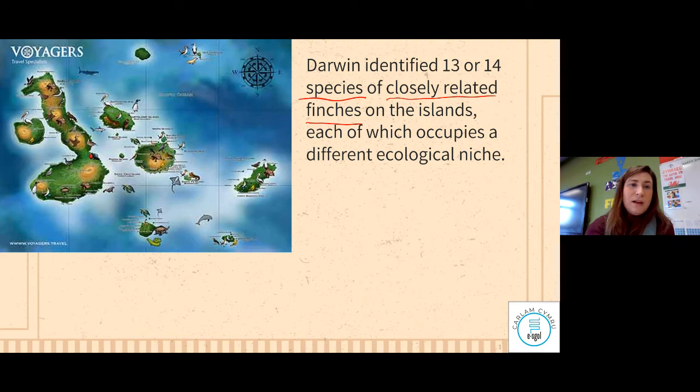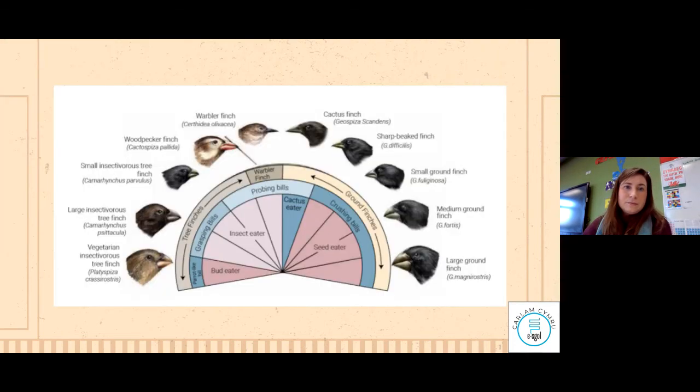You can see some of the main islands here. Okay, so these are some of the main islands, and you can see smaller ones around. And here are the different species of finch. So again, have a look at the structure of their beak, especially, and have a look at what they're eating.